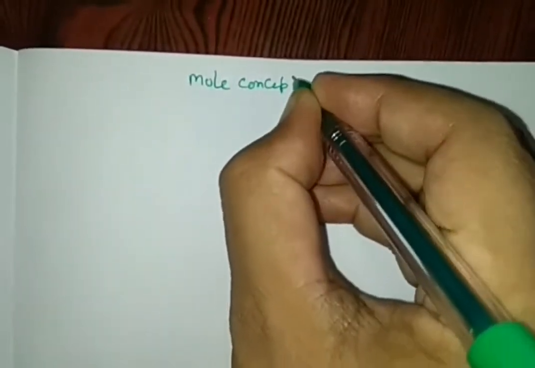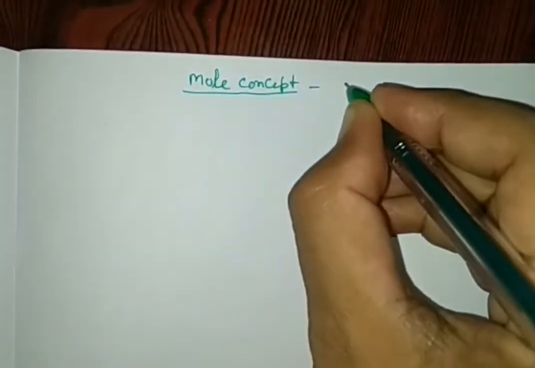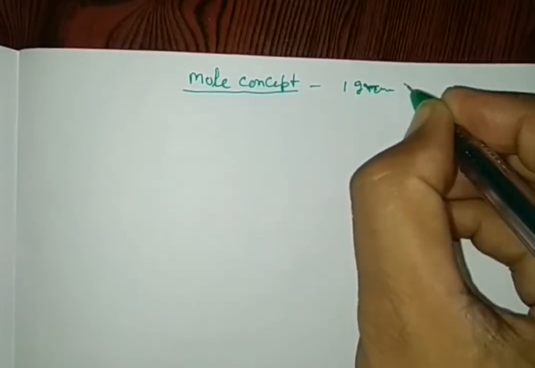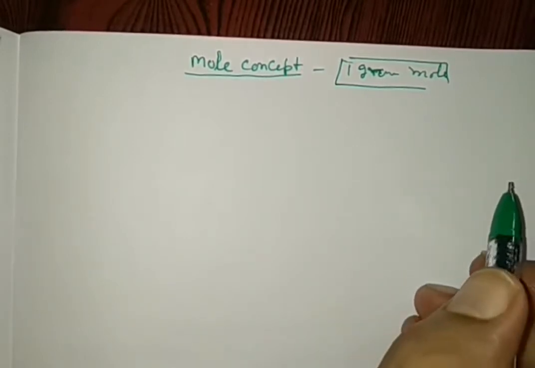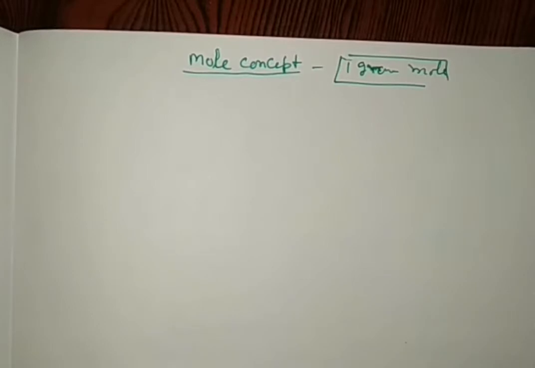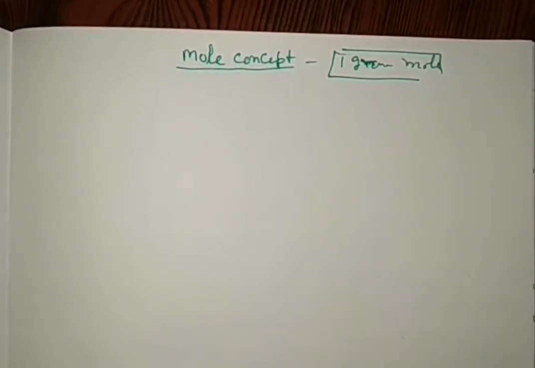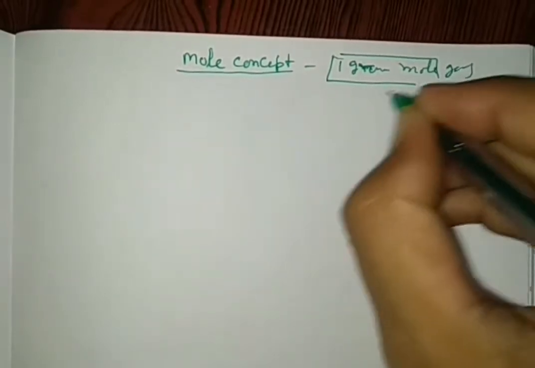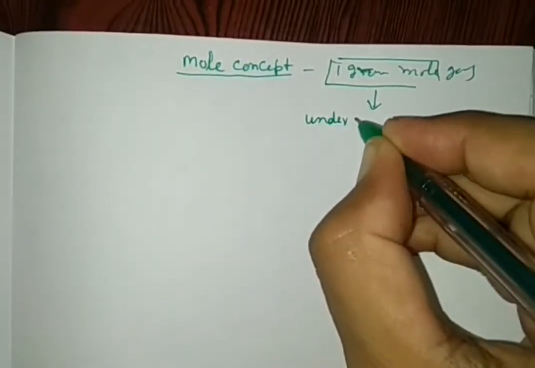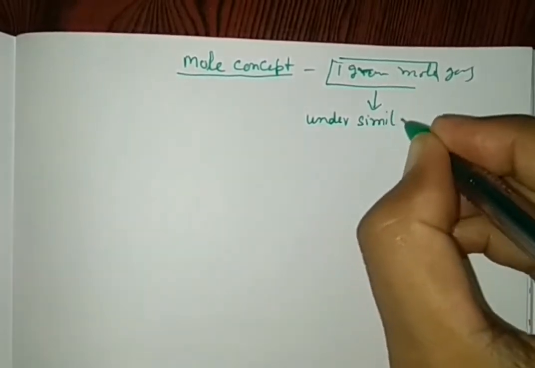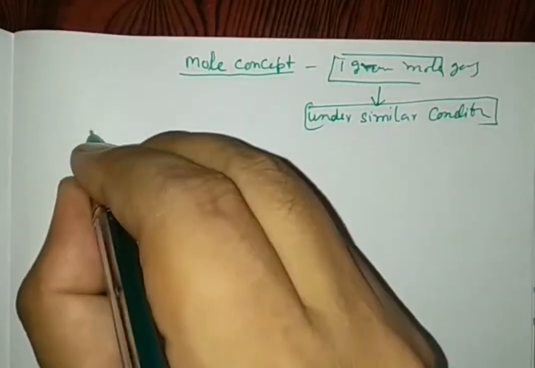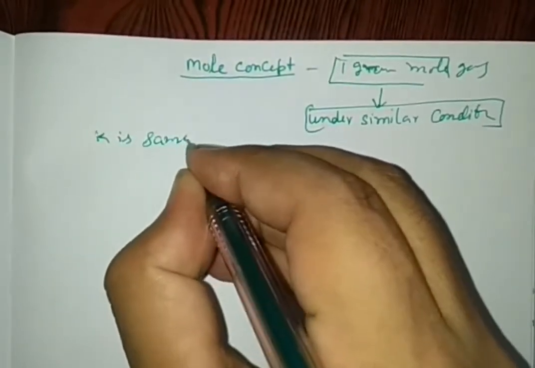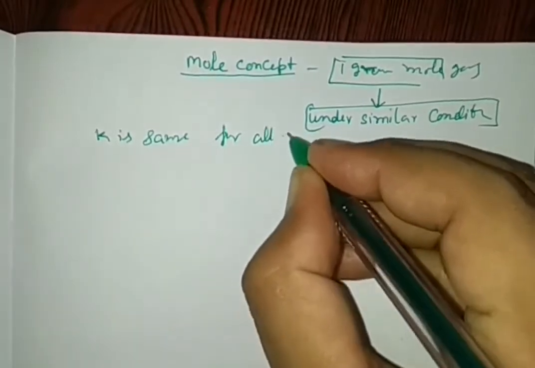When we take the mole concept, the concept of 1 gram mole, we see that for 1 gram mole of all gases under similar conditions, K is the same for all gases.